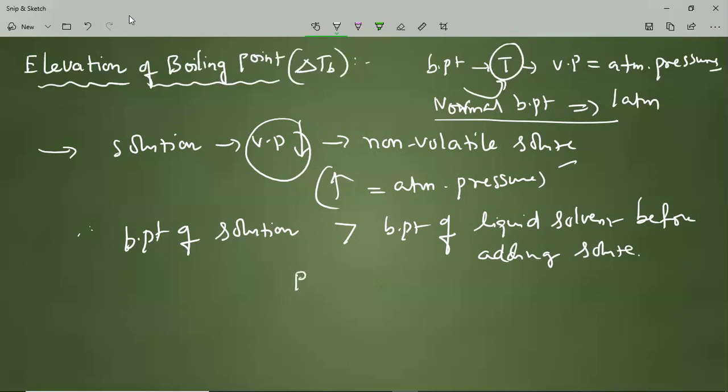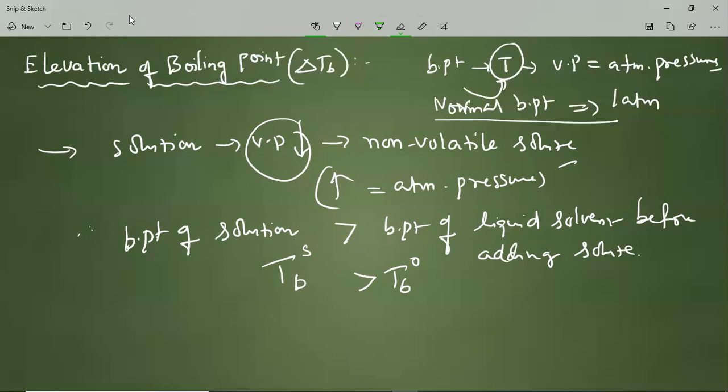That means the boiling point of the solution is greater than the boiling point of the solvent.